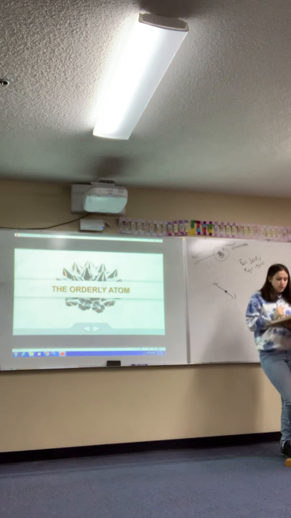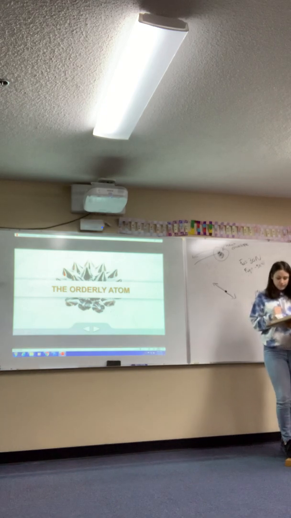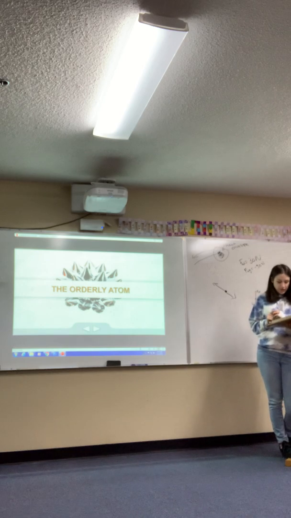How do orbitals in the quantum model of the atom differ from orbits in the planetary model? I don't know this one. That's okay. So in the quantum model, they had 3D locations for where the electrons were going to be.